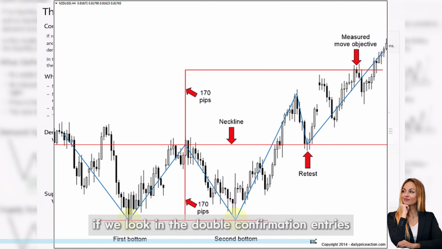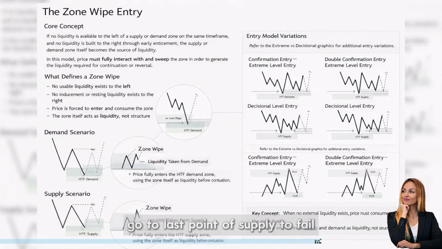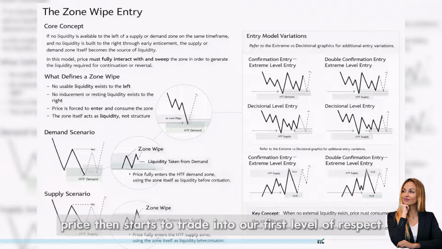So if we look at the double confirmation entries, we can see again the price steps into a higher time frame level of demand that has swept liquidity to the left. Price causes the last point of supply to fail, which creates our first level of respected demand. Price then starts to trade into our first level of respect.